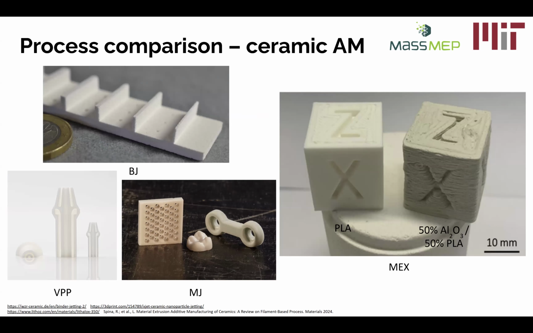In the case of ceramic, it's often suspending the ceramic inside of some other thermoplastic or UV curable resin that will change the outcome that you get, even if the end material is the same.